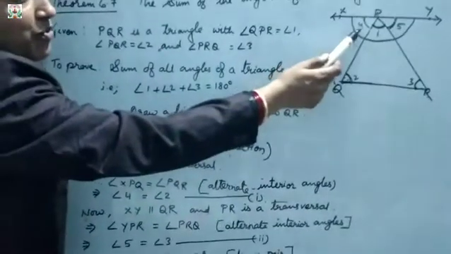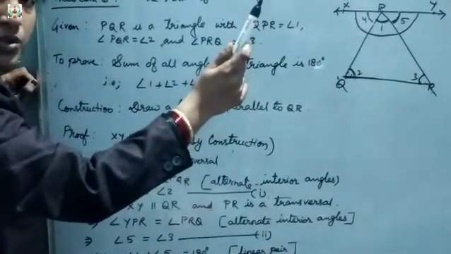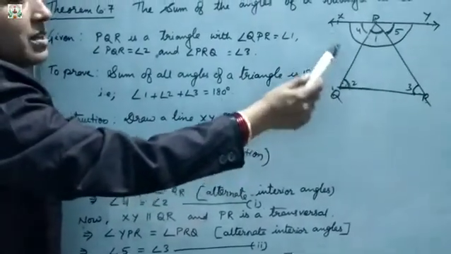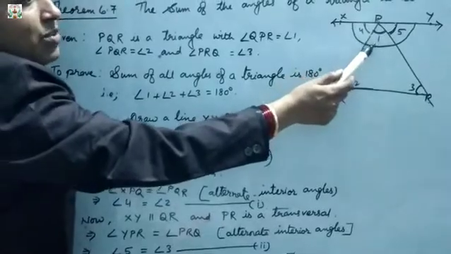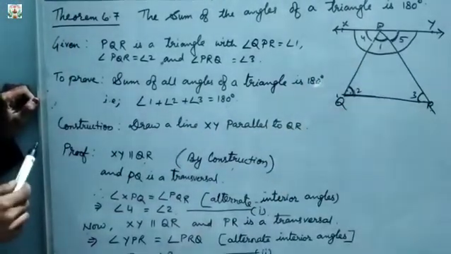Now from equations 1 and 2, we got angle 4 equals angle 2 in equation 1. So in place of angle 4 I can write angle 2. And angle 5 equals angle 3 in equation 2.